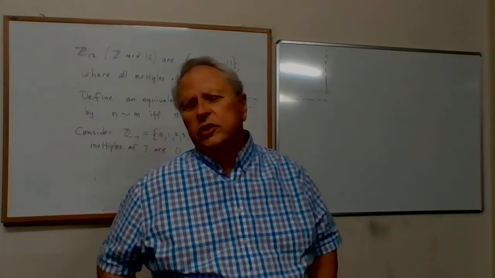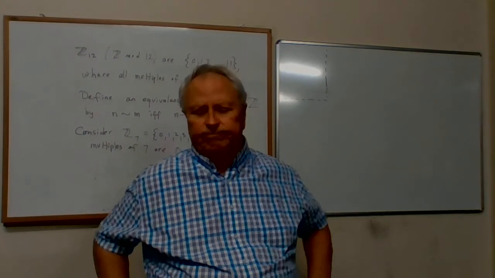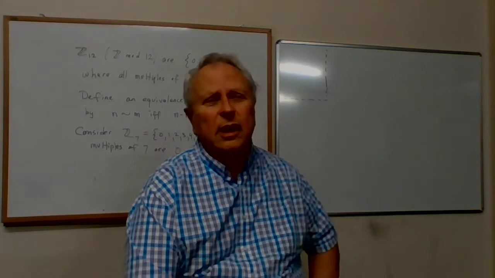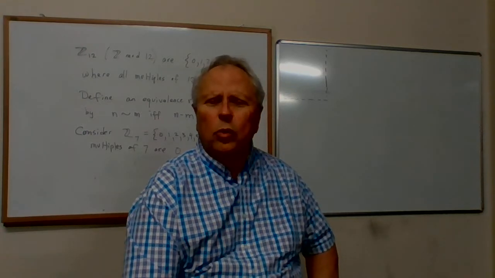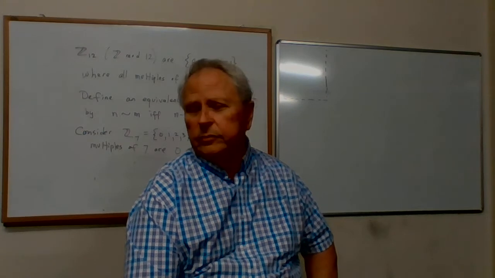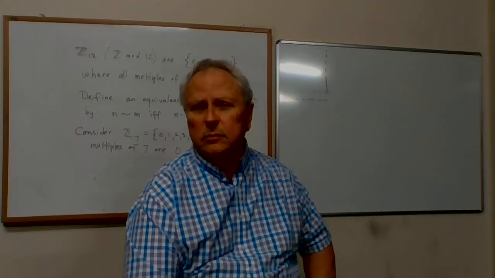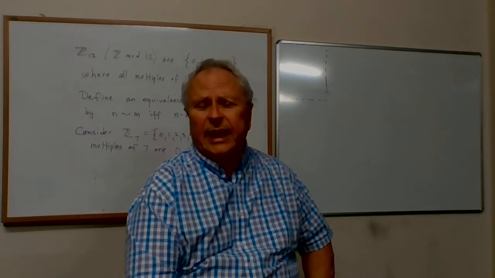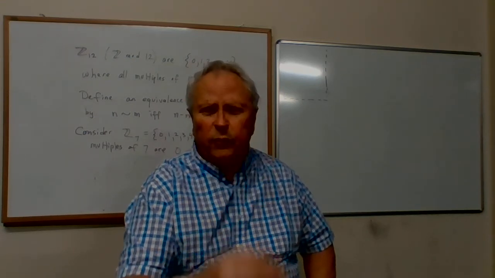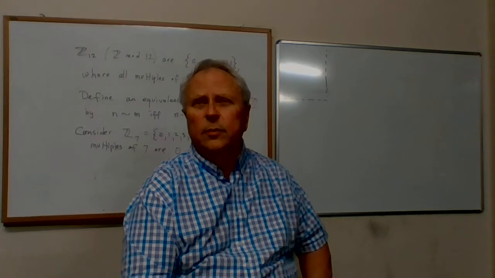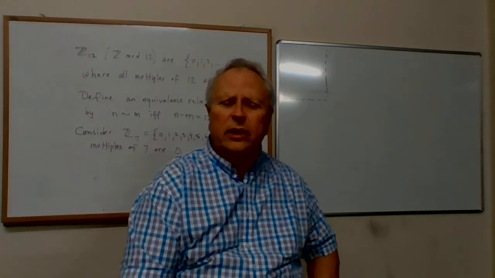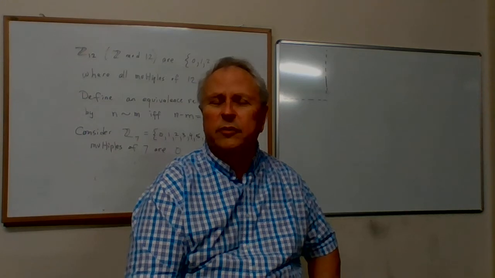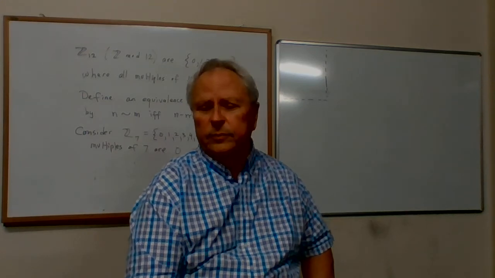Well, let's go back and take a look at Z mod 7. In Z mod 7, how would I define 1 over 3? There's no 1/3. Z mod 7 only has 0, 1, 2, 3, 4, 5, and 6. So how would I define 1 over 3, the multiplicative inverse of 3?